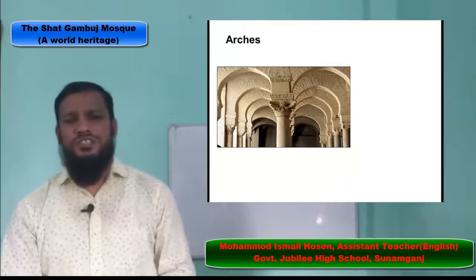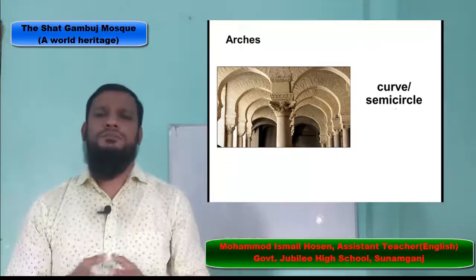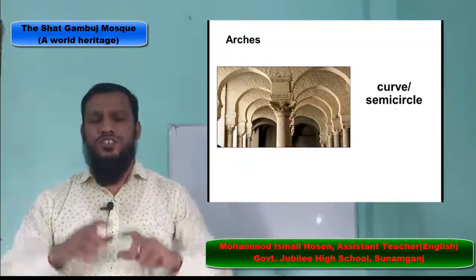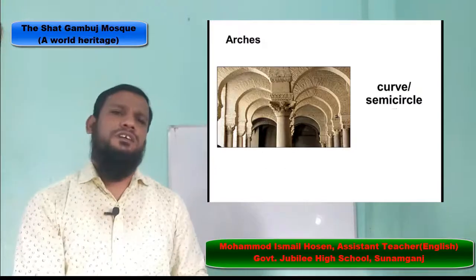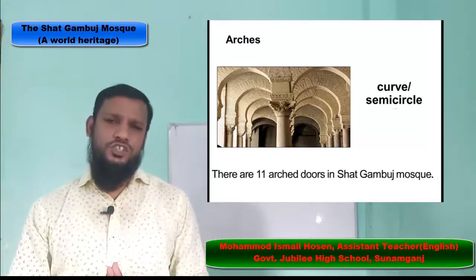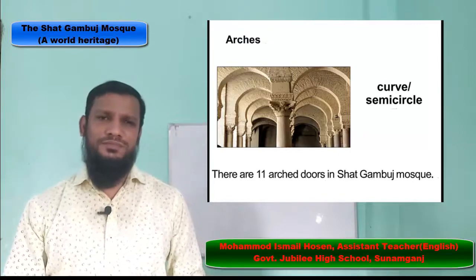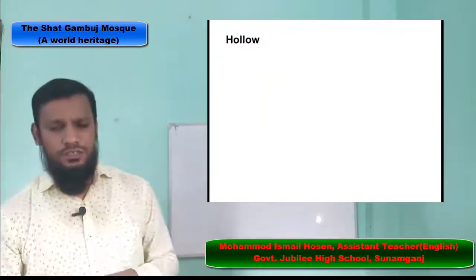Then arches. Arches means carved, semicircle, and you can see the picture of arches. There are 11 arched doors in the Shat Gambuj Mosque, isn't it? Yes, there are 11 arches in the Shat Gambuj Mosque.